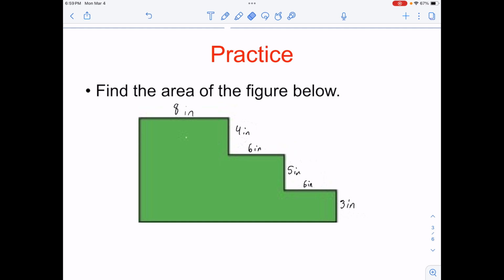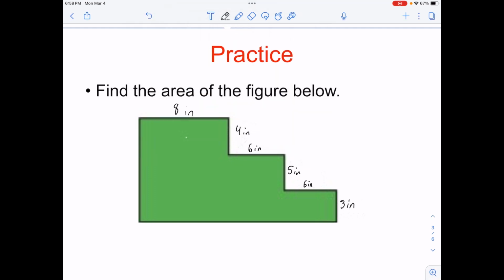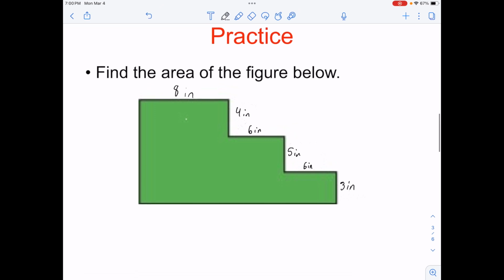All right, so I rewrote the measurements for this figure right over here, but we need to find the area of this figure. Now, the key about composite shapes, why composite shapes get tricky, is that the composite shape is made up of several different shapes.